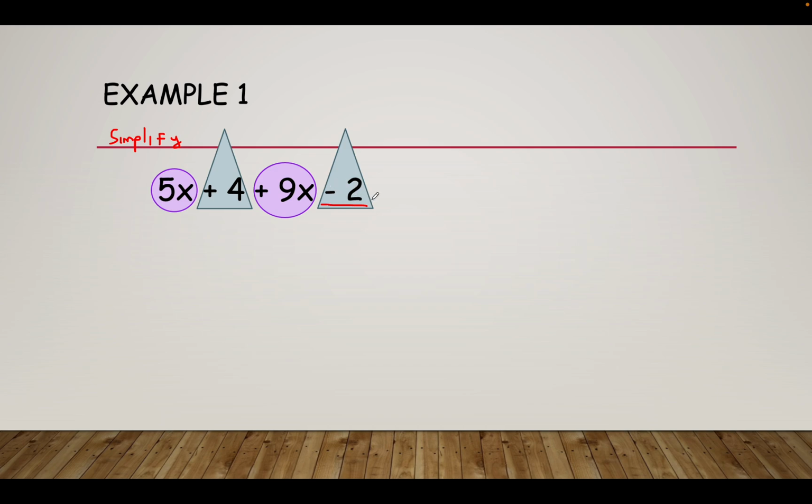So when we go to combine like terms, we have a positive 5x and a positive 9x. We can combine that down into one term. If I add 5x plus 9x, I would end up with 14x. But in the end, we're going to combine it with our 4 minus 2. So we combine the terms that are in the triangles.